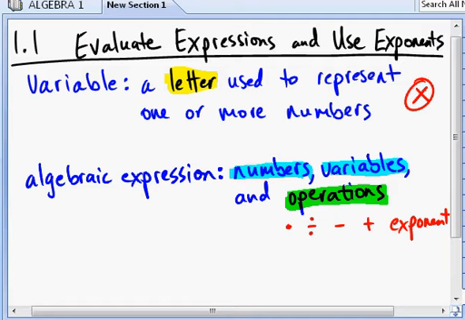Okay. Now, an algebraic expression is numbers, variables, and operations. Not necessarily all of them, but it could be all of them, all together. Okay? So, below this, let's copy down that little table. You see that green table there on the page?